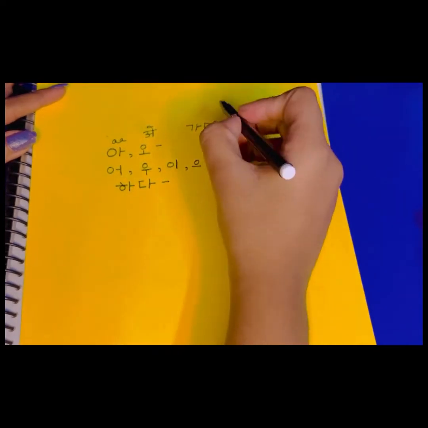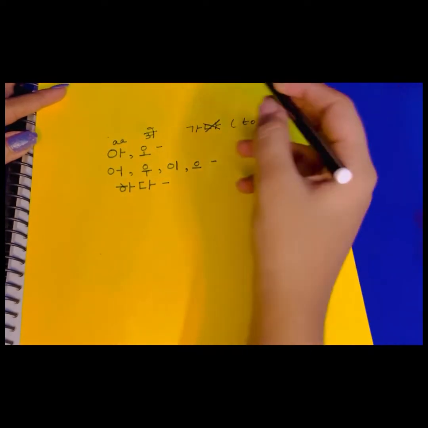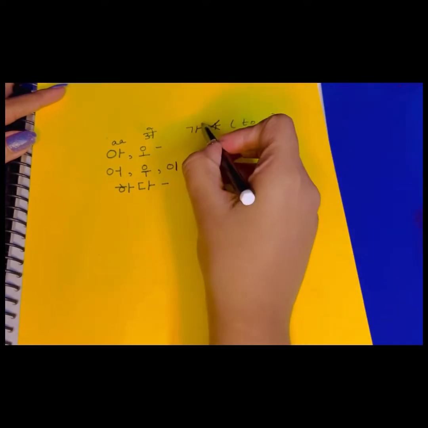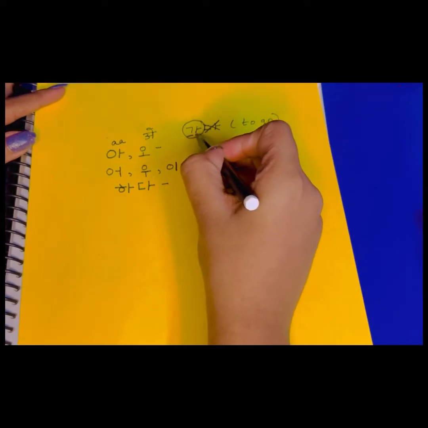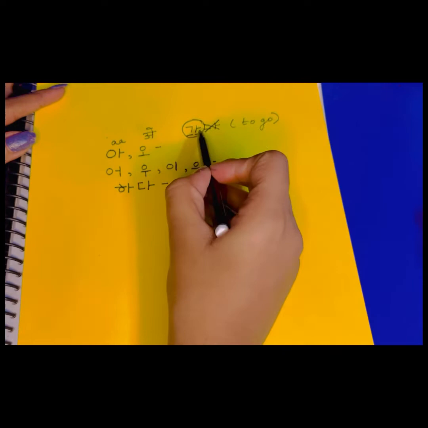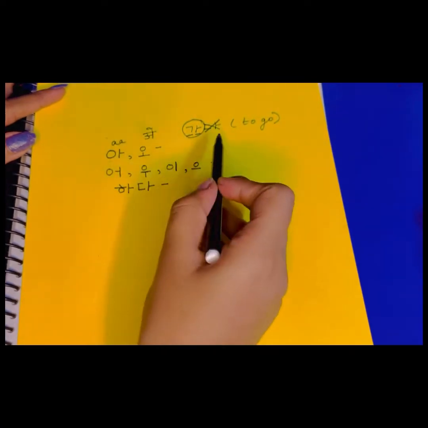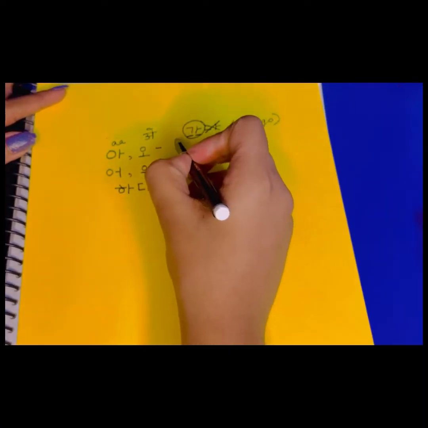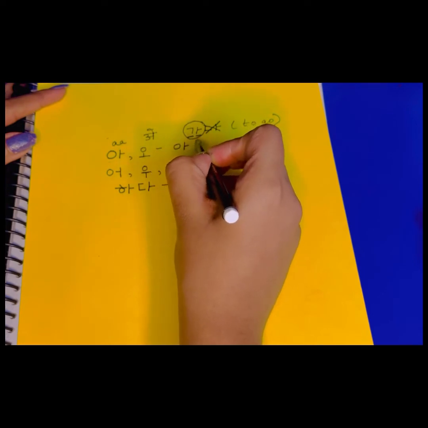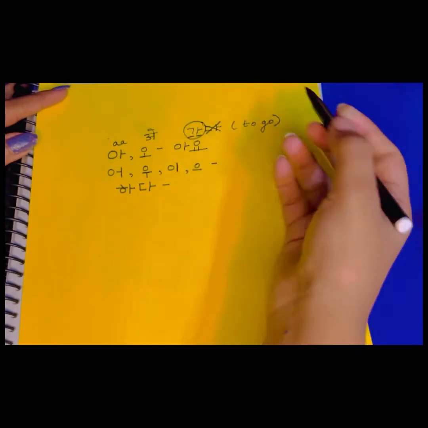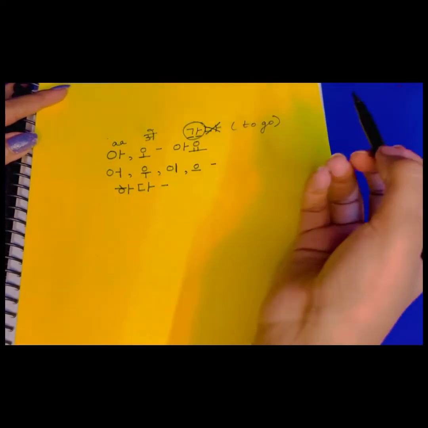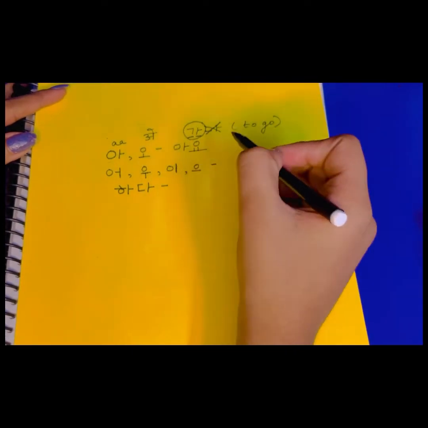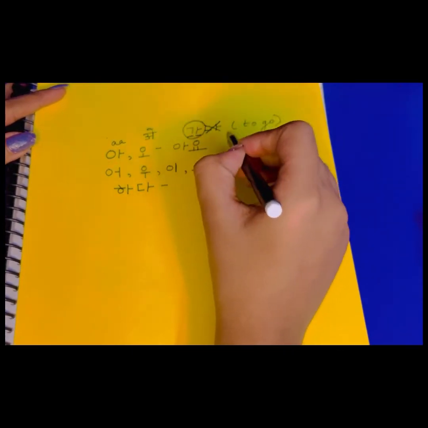Whenever you remove da from this word, what vowel are we left with? Ka, so we are left with a. Whenever any word ends with a after removing da, then we conjugate it as ayo. Similarly, when any word ends with o, then we conjugate it as ayo as well.